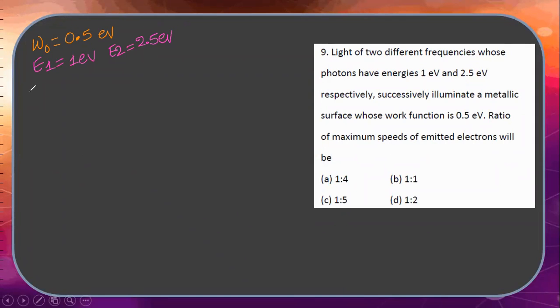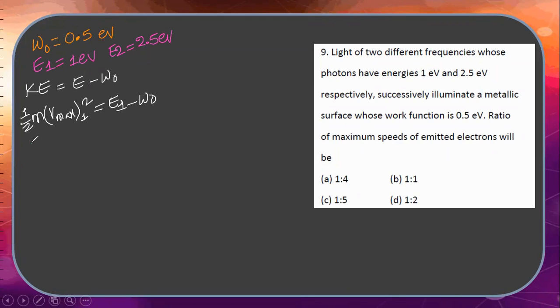Then we'll write that kinetic energy is equal to energy E minus work function W naught. Then half m V maximum 1 square is equal to E1 minus W naught.